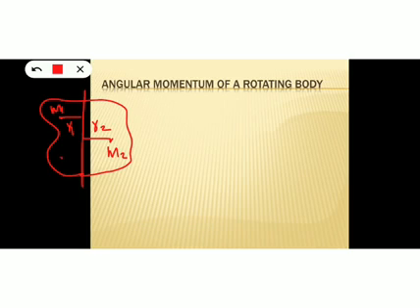Now consider a third particle here, and let its mass be m3, and let its distance from the axis of rotation be r3. Here we can assume that v1, v2 and v3 are the linear velocities of these particles.